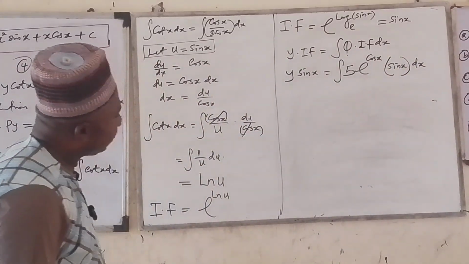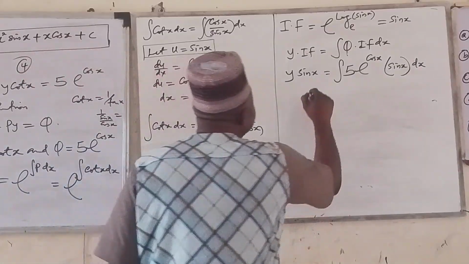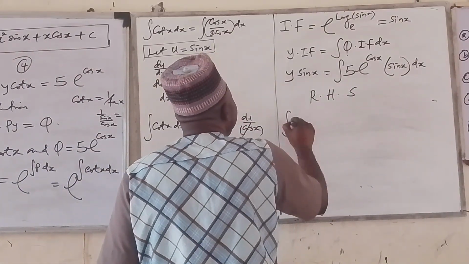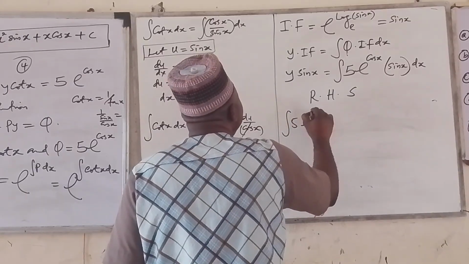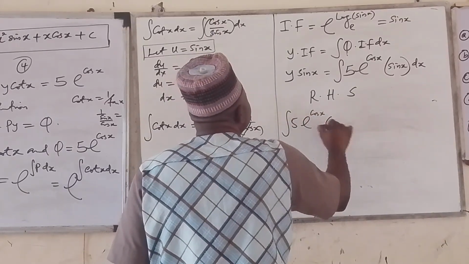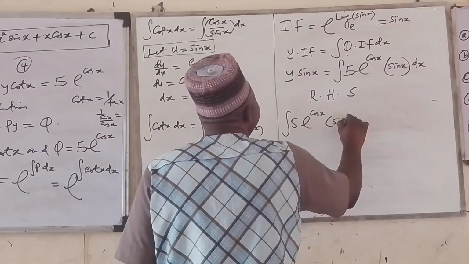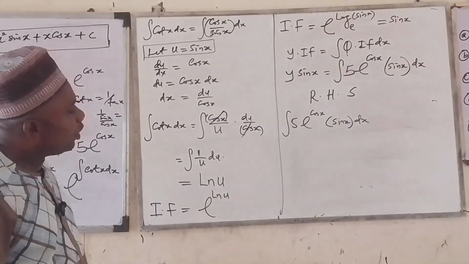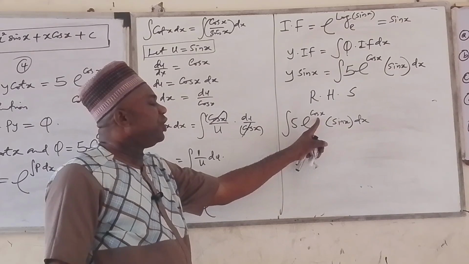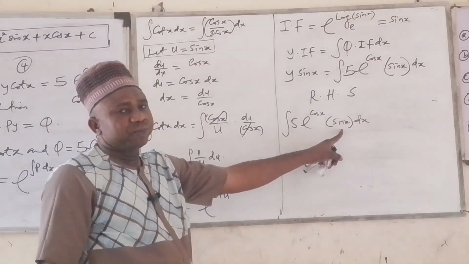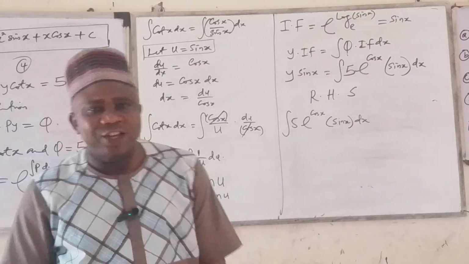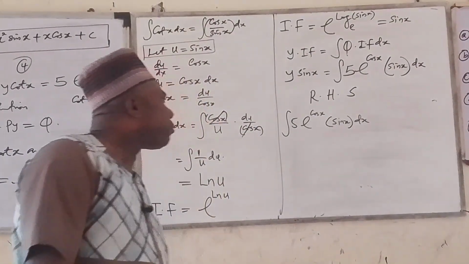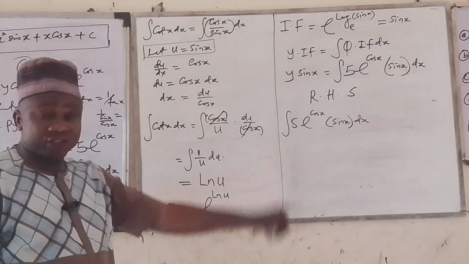Now, looking at the right hand side: integral 5 e raised to the power of cos x in bracket sine x dx. Now we have to integrate this. If you look at this, the derivative of cos x is minus sine x, so we'll be going by integration by substitution.